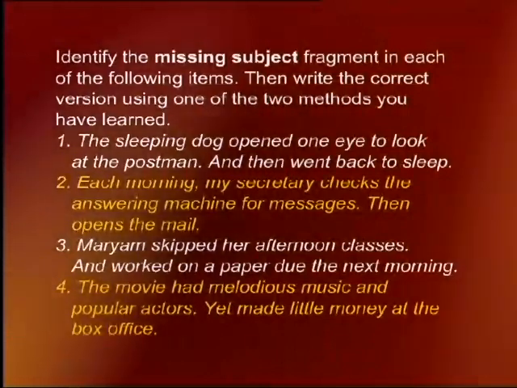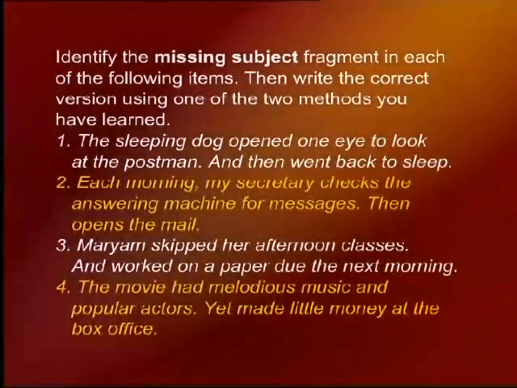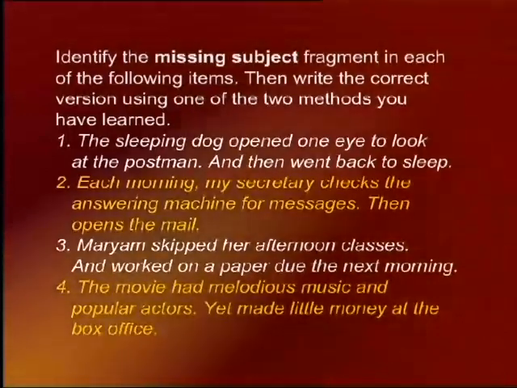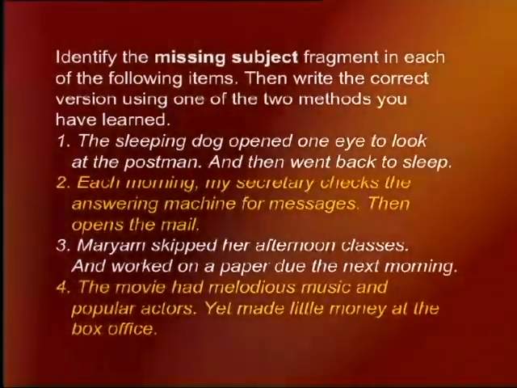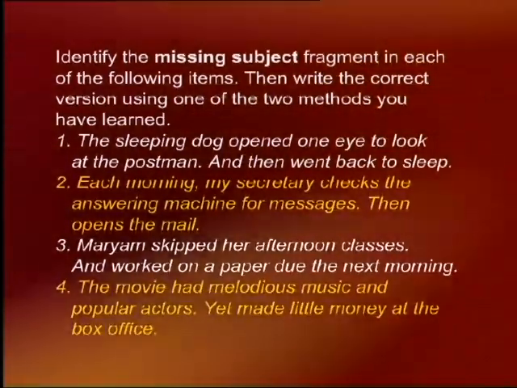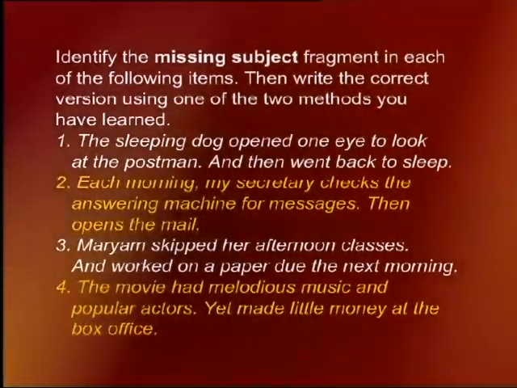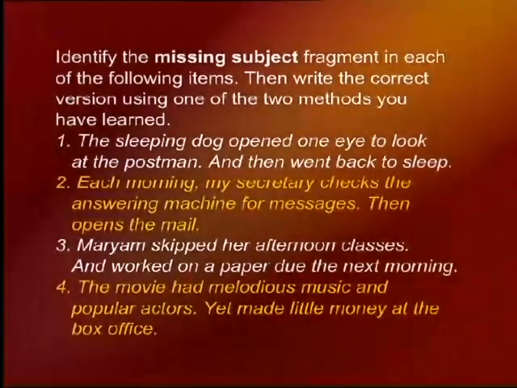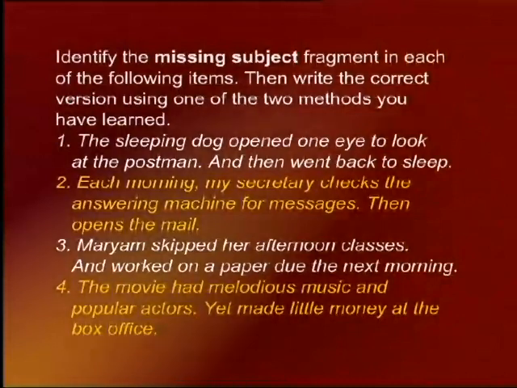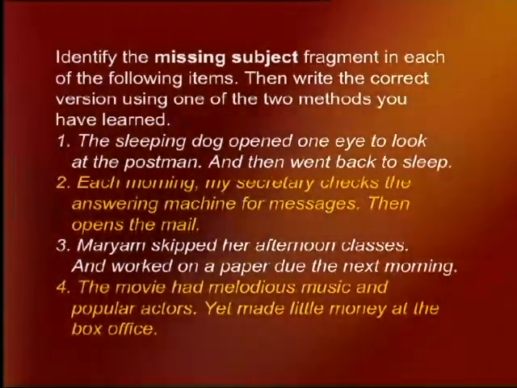Now, which is the missing subject fragment? It is, and then went back to sleep. Right? So, you can correct this by adopting any one of the two methods that you have learned. You can rewrite it like this.